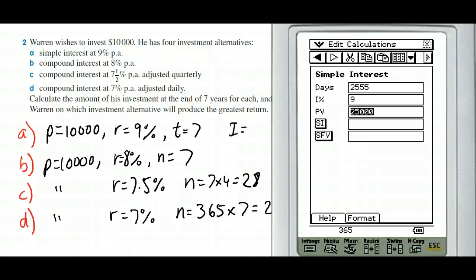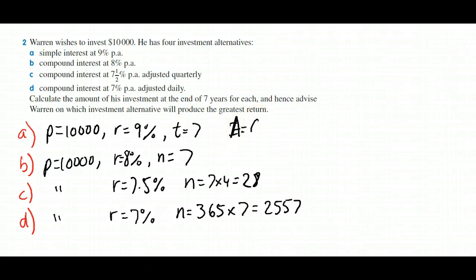The principal value is 10,000, and we want to calculate the simple interest, which is 6,300. We can just chuck this in here as well, and it gives us the 10,000 plus the 6,300. So 16,300. That's A. 16,300 is the first investment return.